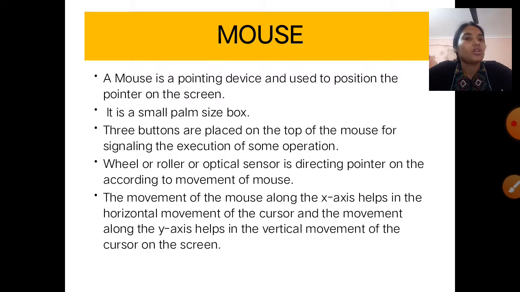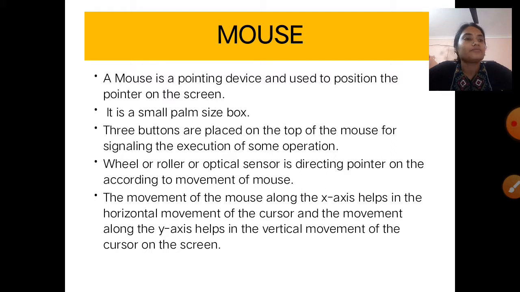A wheel or roller or optical sensor directs the pointer according to the movement of the mouse. Movement along the x-axis gives horizontal movement of the cursor, and movement along the y-axis gives vertical movement of the cursor on the screen.